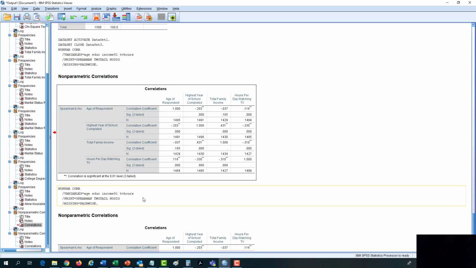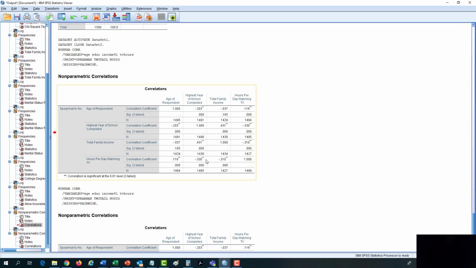What we really care about, and we talked about it before, is the hours per day watching TV correlated with the highest year of school completed, right? Here's the little cell that has the coefficient and the significance number. So what does that say? If you want to look at the relationship between hours per day watching TV and the highest year of school completed, here's the coefficient. It's negative 0.330, right? Remember what a negative means.